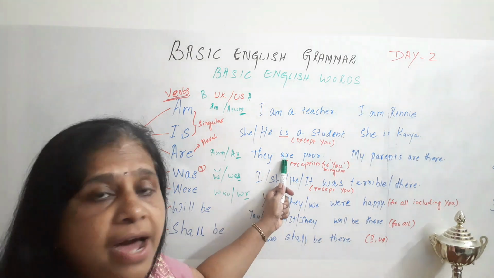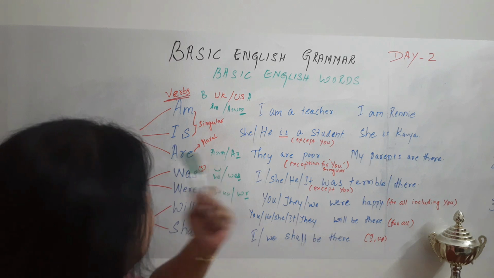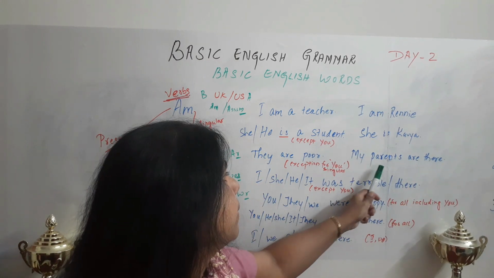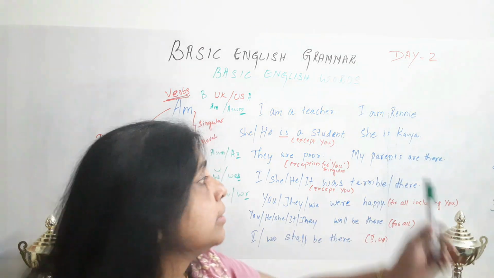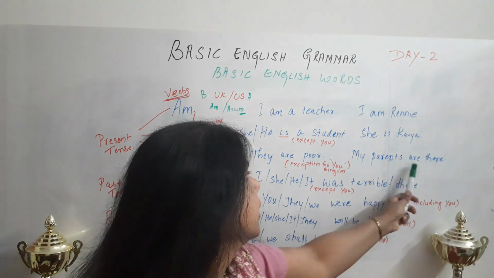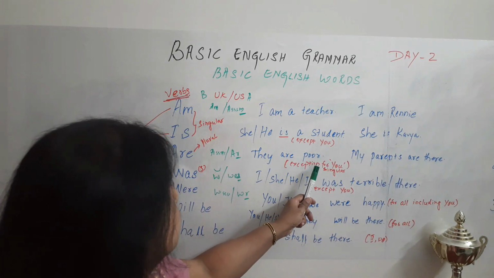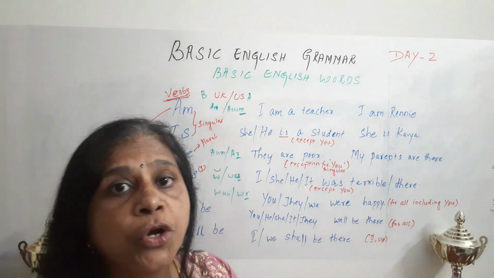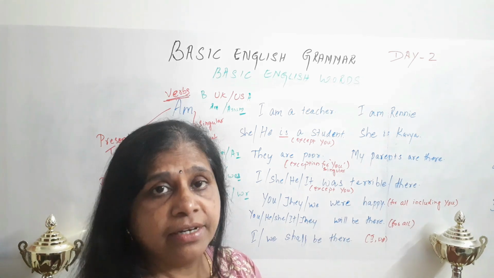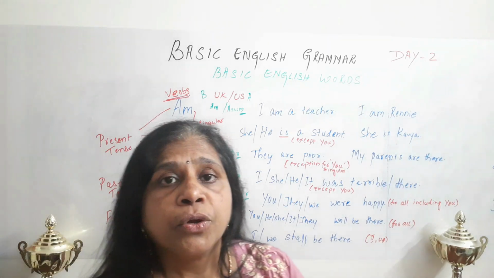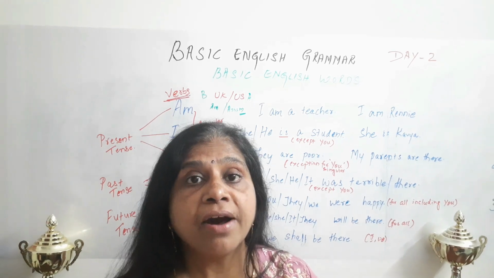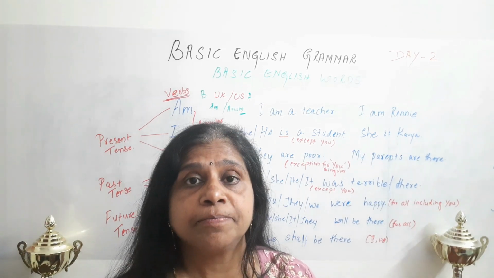So we have used are, and even you can use my parents are there. My parents are there. So this is plural. So we are using are. Even for you can use: you are a good boy. So that's for single. And you are happy children, or you are beautiful children.